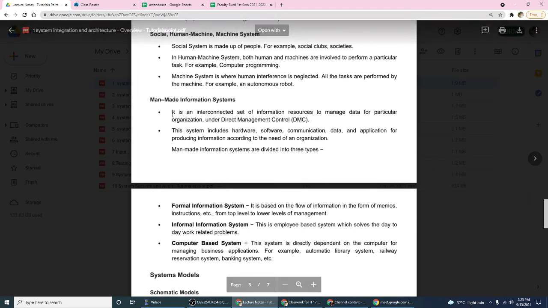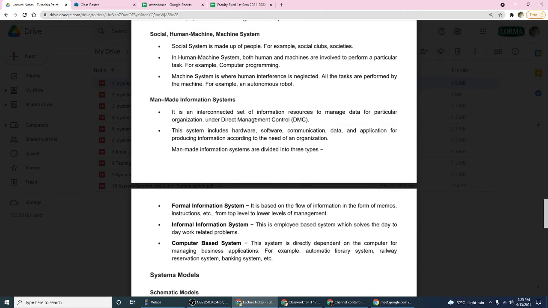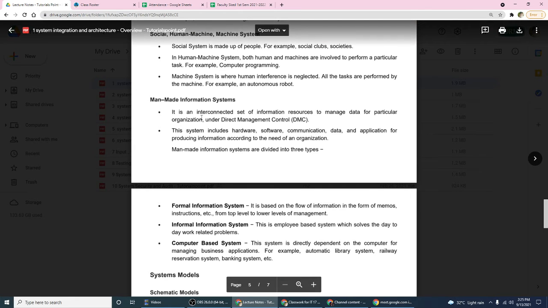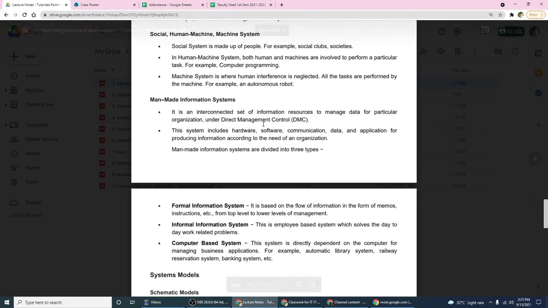Man-made information system. It is an interconnected set of information resources to manage the data for a particular organization under direct management control. This system includes the hardware, software, and communication data and application for producing information according to the need of the organization.